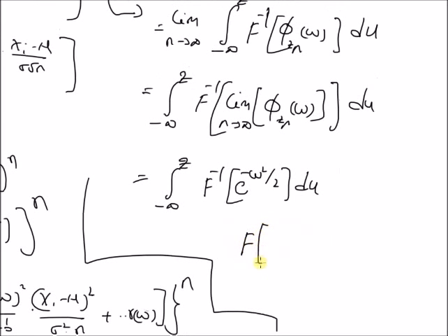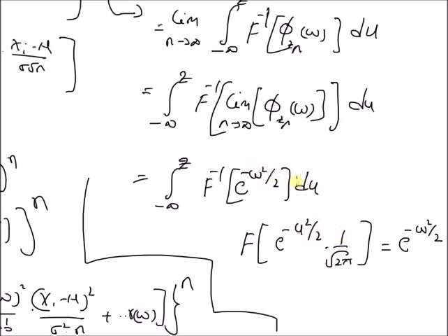The Fourier transform of e power minus u square divided by 2 into 1 by square root of 2 pi, a standard Gaussian PDF, is equal to e power minus omega square divided by 2. So by using this definition, the inverse Fourier transform of e power minus omega square by 2 is equal to the standard normal PDF.